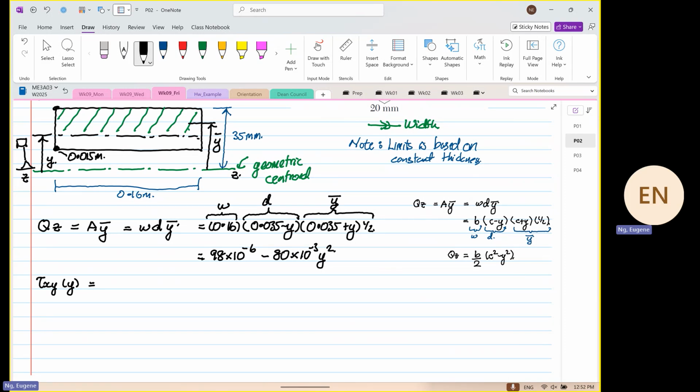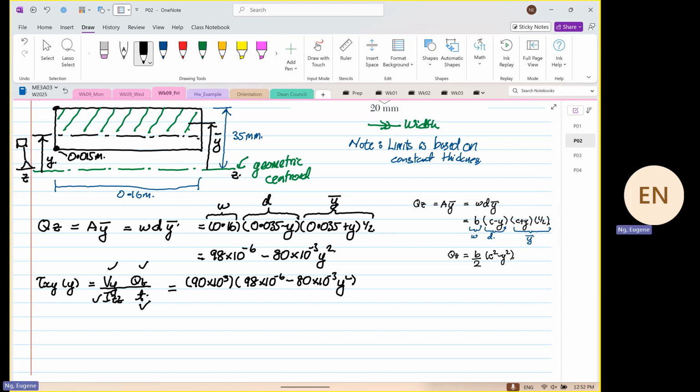So from here, we can find out our shear xy as a function of y. So we are going to apply Vy over Izz, Qz divided by t. We know this, we know this, we know this, we are good to go. Okay. So this will be equal to 90 times 10 to the power 3 multiplied by 98 times 10 to the power minus 6 minus 80 times 10 to the power minus 3 y squared.